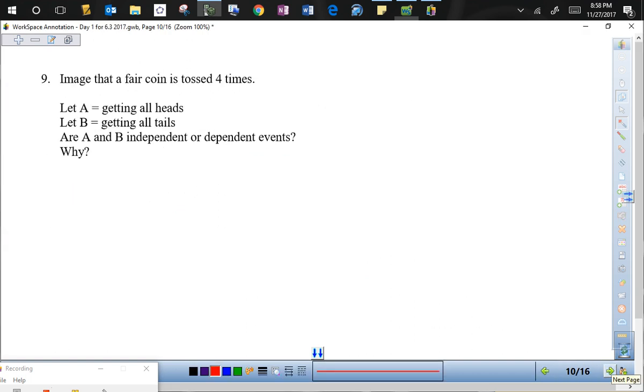The next one, we've got a fair coin tossed 4 times. We want to know the probability of getting all heads, probability of all tails, and the probability of the intersection in order to decide if these are independent or dependent events here. So probability of A is getting all heads.